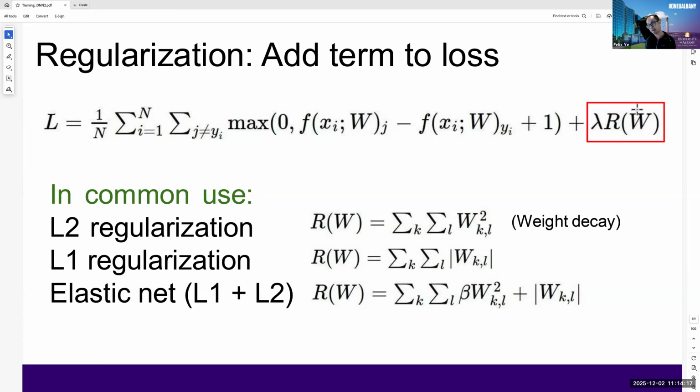If we're using SGD, adding the L2 regularization is equivalent to weight decay. We can also add the L1 regularization or elastic net, which means both L1 and L2. Both are fine. L1 will impose a certain level of sparsity.